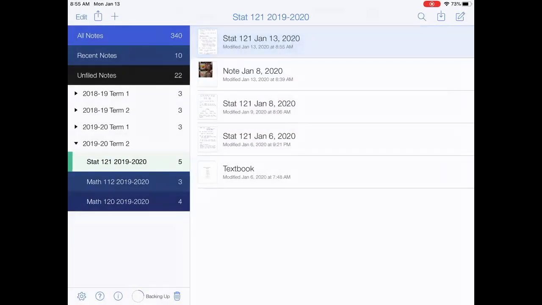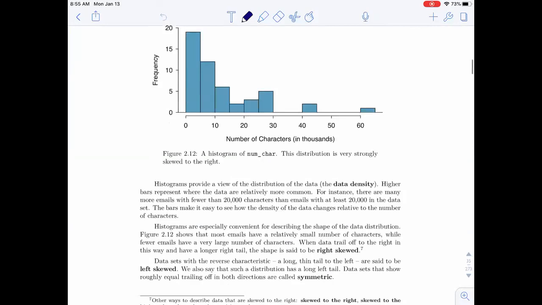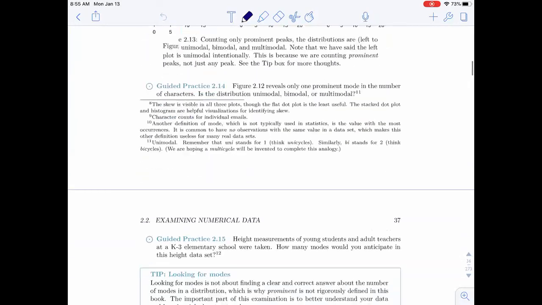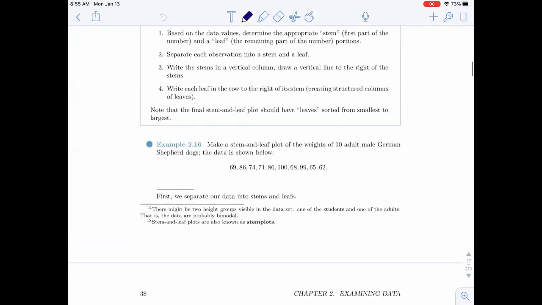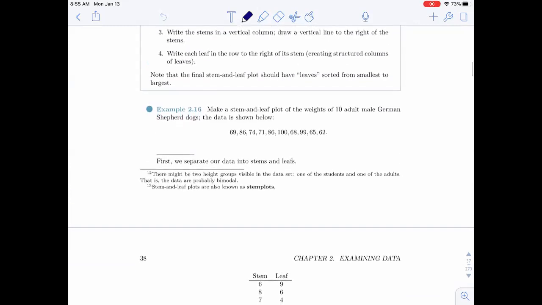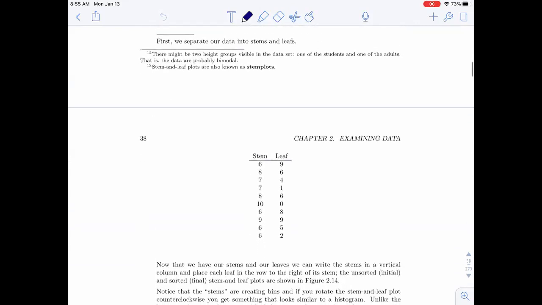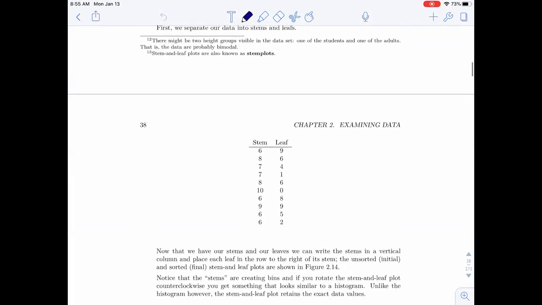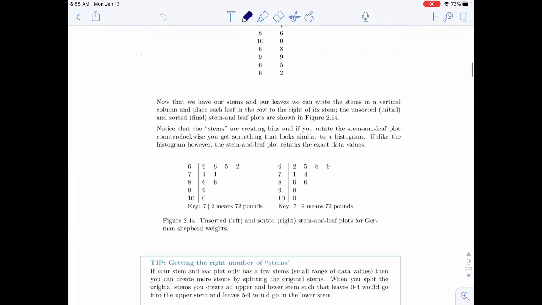And what ends up happening is you get something that looks like, so here it goes through an example, it gives you a data set, and then you can sort them out, and you've got stems and you've got leaves.